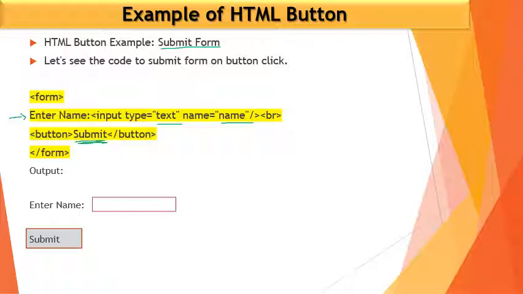So this is a simple button which doesn't have any attributes, and the output of this is displayed here, that is enter name, and you can enter the name here in the text area, and the submit button is given at the last. So that is a very important example of the HTML button.